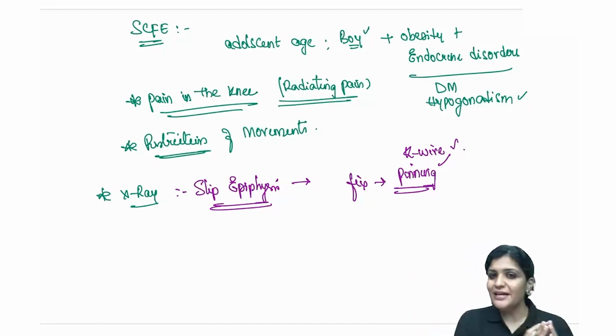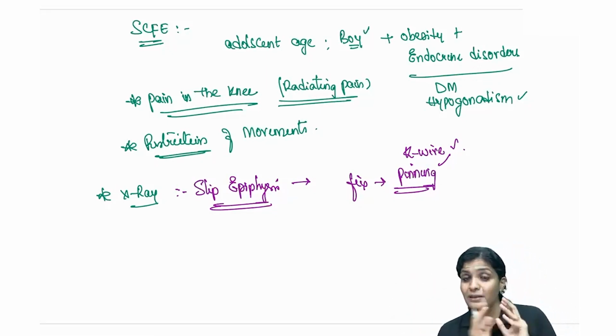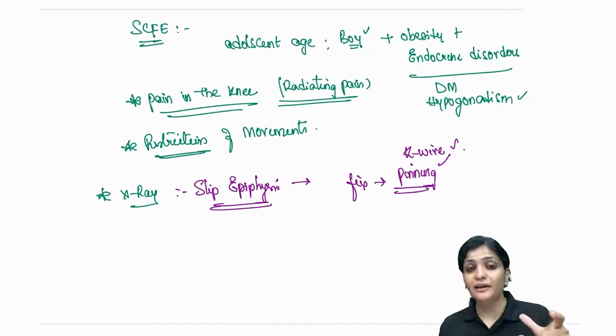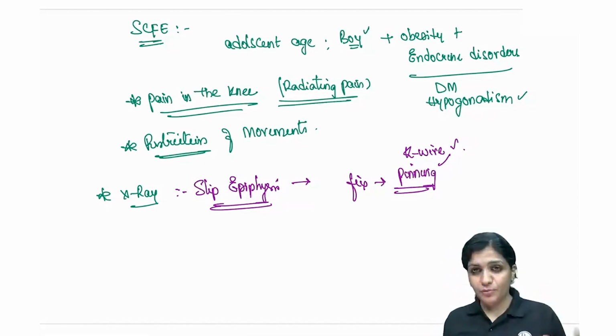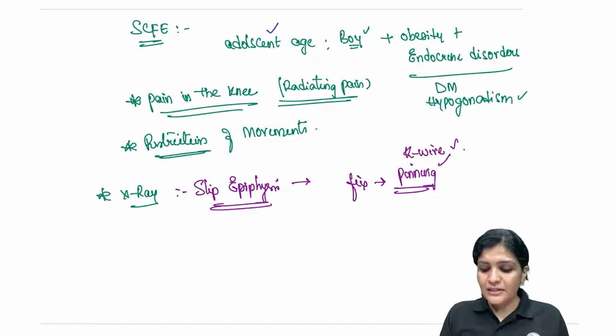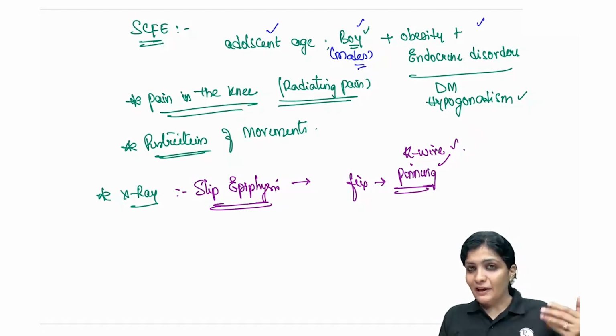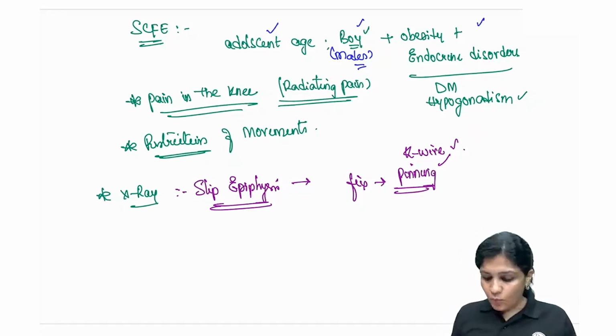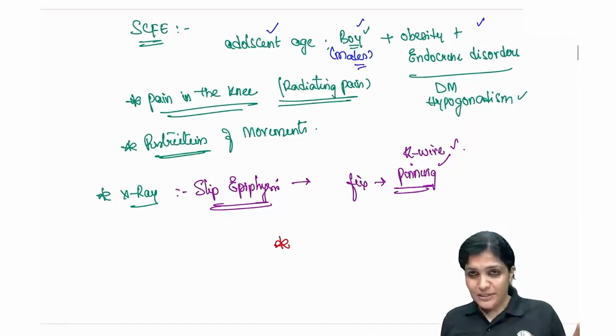So Perthes is given as 4 to 8 years age, painless limb. Here it is pain, but sometimes they present with radiating pain in the knee, and again there will be restriction of the movements. But what is important is the characteristics: adolescent, usually male, with obesity and endocrine disorders.